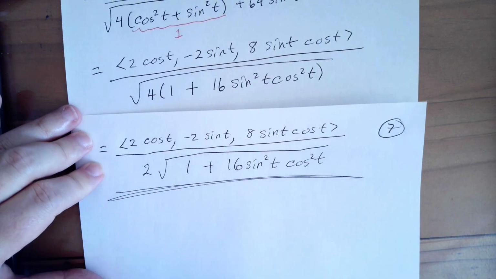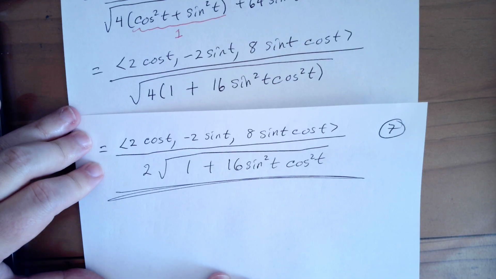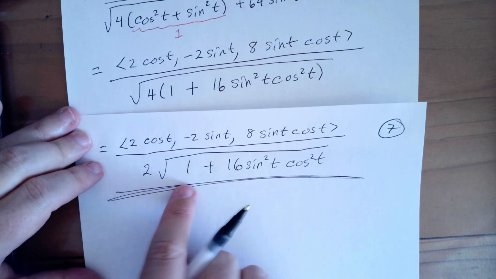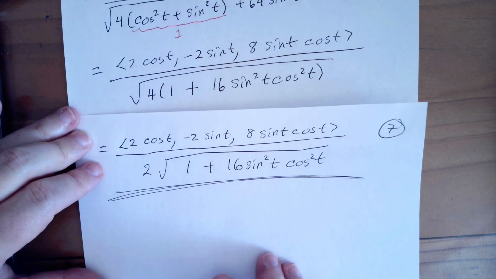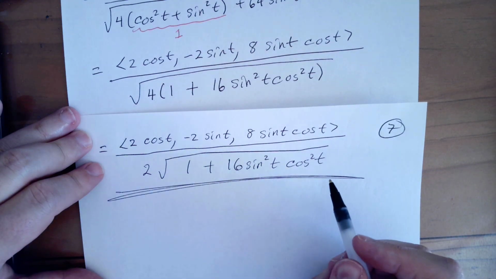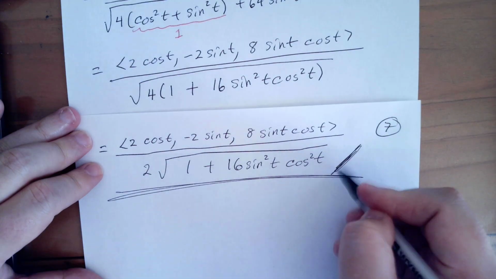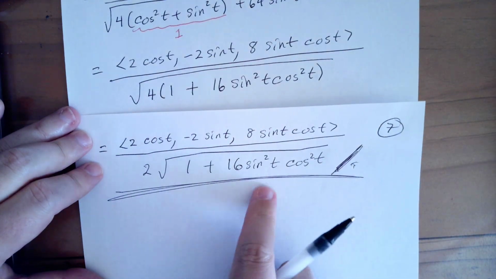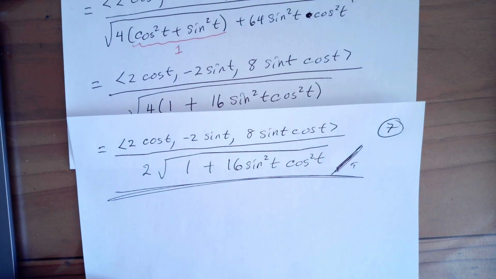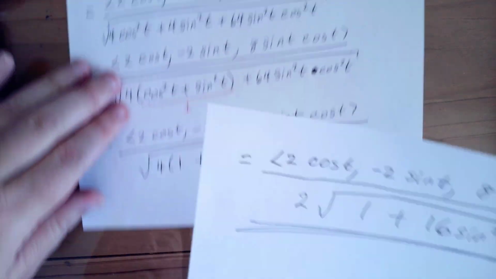I don't think we can do anything else with that. Could you do the scalar multiple? Yeah, you could, but is it really going to contribute much to anything? Not that I can see. So we'll leave the unit tangent vector to be this. Okay, it's a little bit complicated, but we have it.